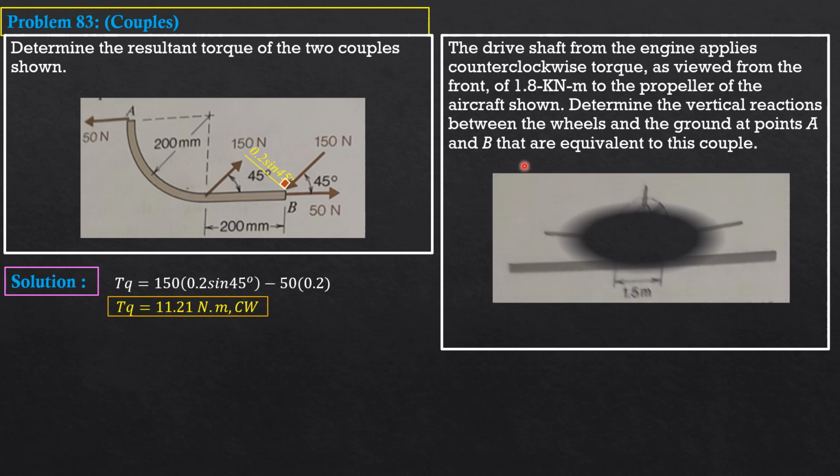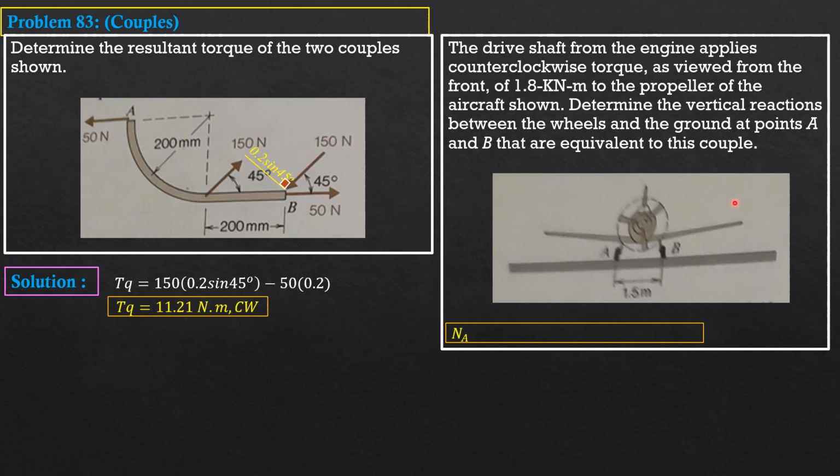Determine the vertical reactions between the wheels and the ground at points A and B that are equivalent to this couple. So this is the aircraft. Show that the answers are NA 1.2 kilonewtons down and NB is 1.2 kilonewtons up. So that's for your part.